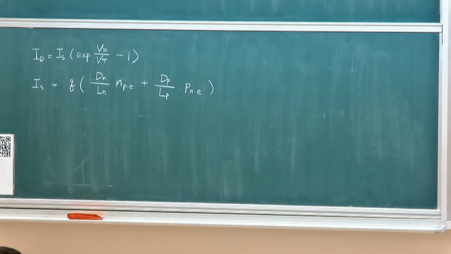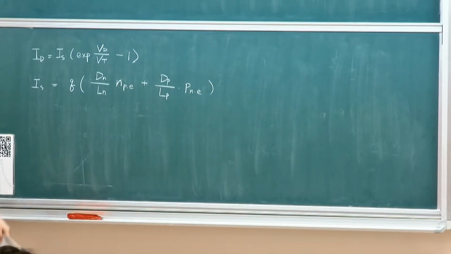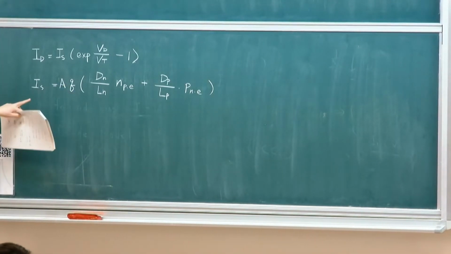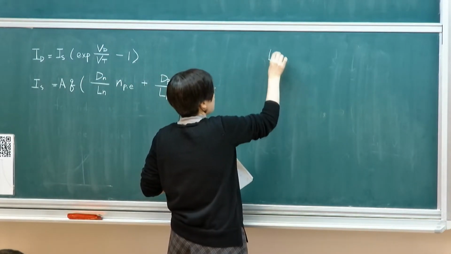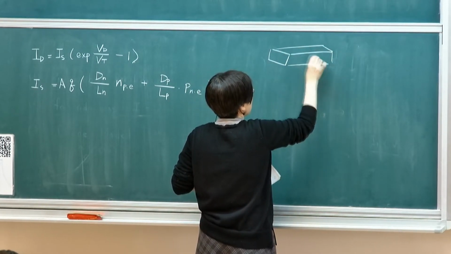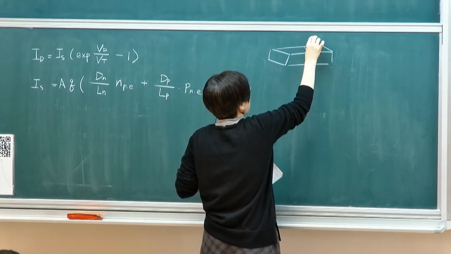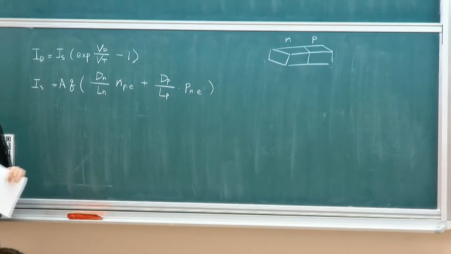Okay, let's continue our discussion on the forward-bias PN junction current. So we already know that we're lumping all the device structure parameters, which is actually defined by the diode. If I have a diode looking something like this, let's say this is the P side, this is the N side. I want to emphasize once again why I take away the minus sign in the derivation.